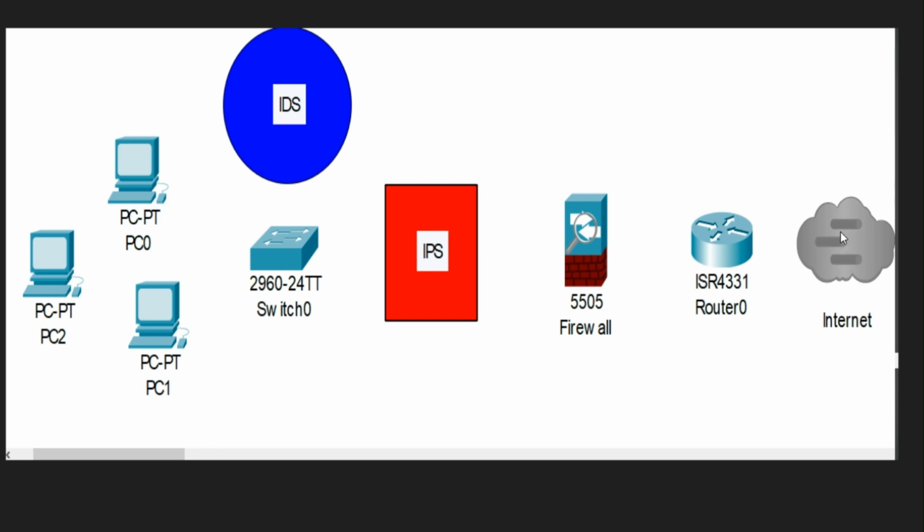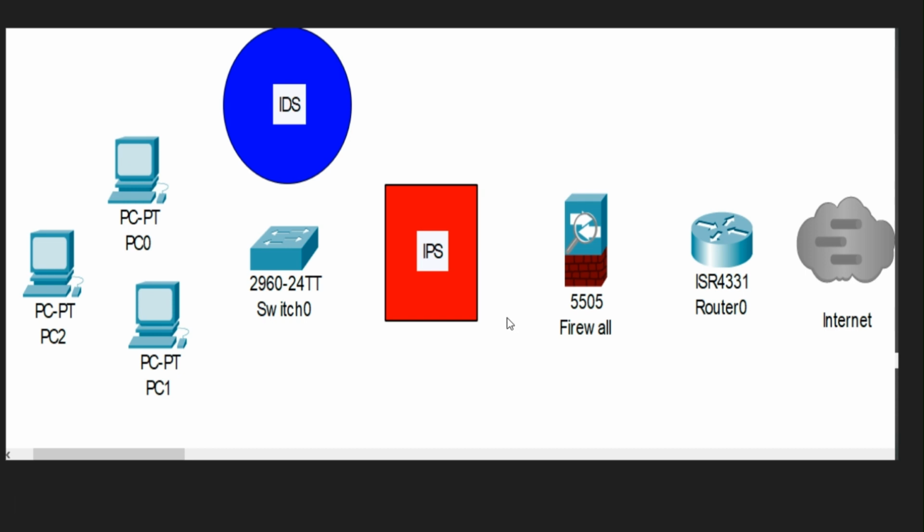Your internet connects to your router. Your router generally connects to your firewall. Your firewall connects to your IPS. The IPS connects to the switch. Off to the side, we have the IDS. Then your switch is connected to your end host devices, your computers. That is generally how a network would be laid out.